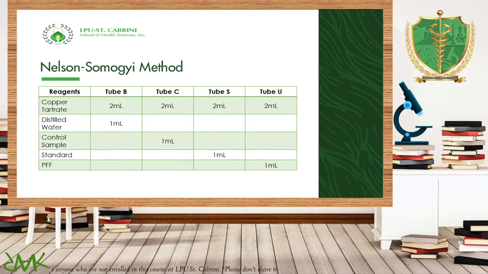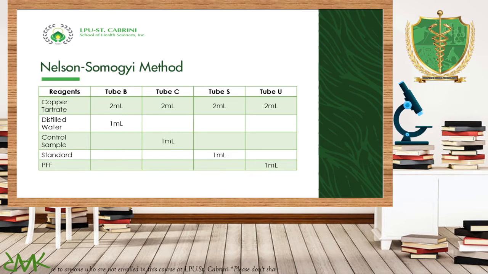Tube B means blank, tube C means control, tube S means standard, and tube U stands for our unknown, which is our sample, our serum sample or our blood sample.